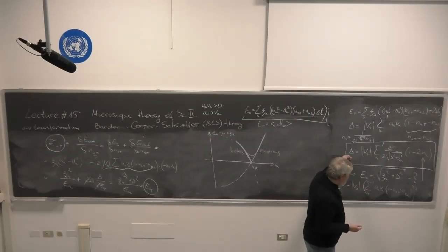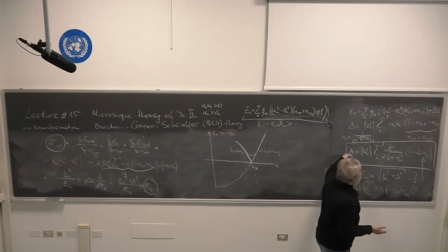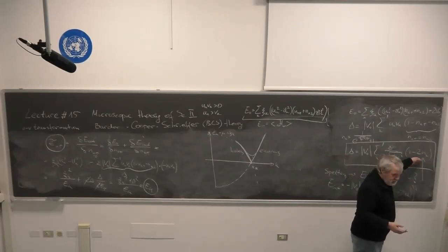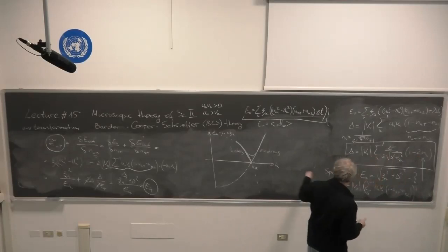So my equations now actually describe the full range of temperatures, not necessarily temperatures close to the temperature of the superconducting transition. By the way, in the ground state there are no occupied states, there is a gap.